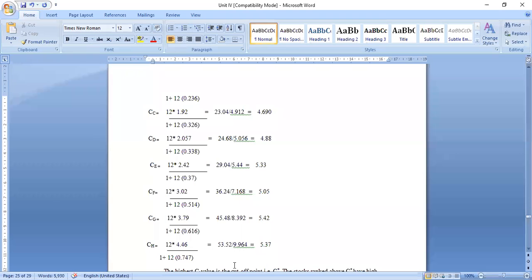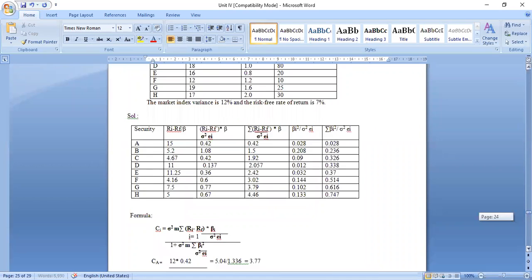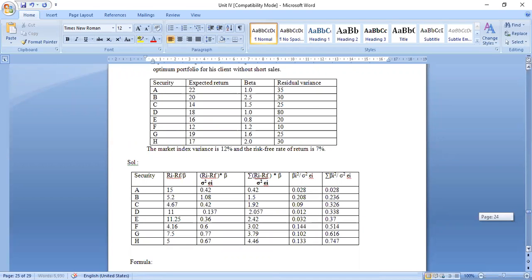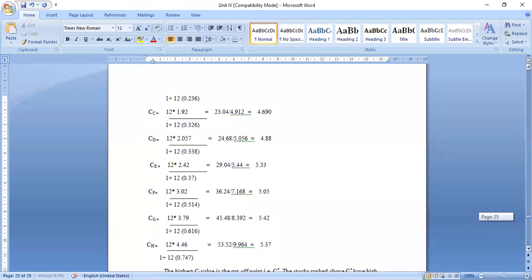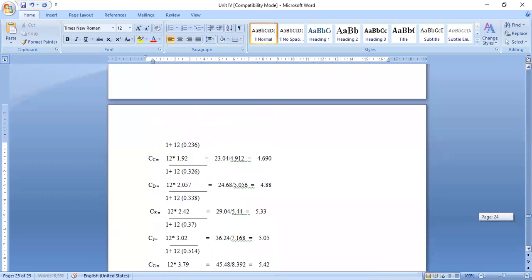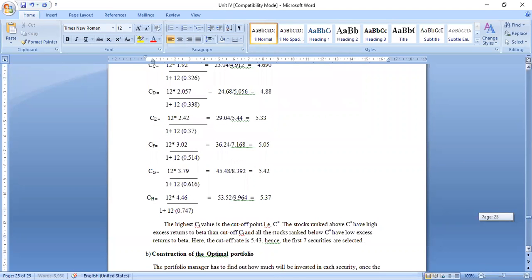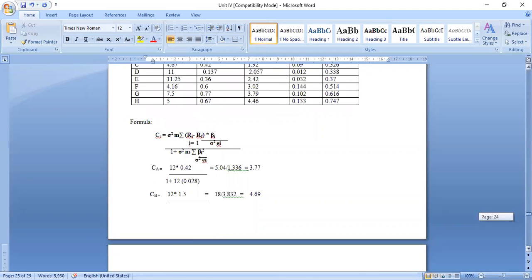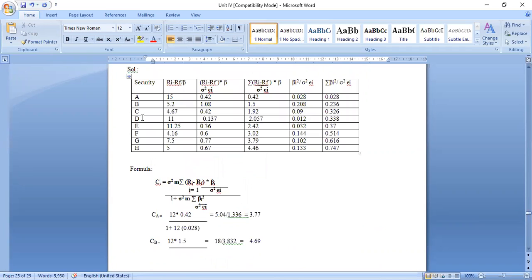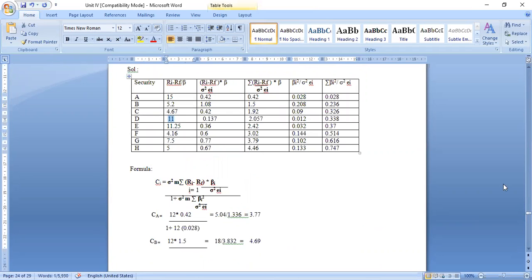And the last one, for security H, 12 into 4.46, and here it is 0.747. Okay, this is correct. So these were some of the changes, because in security D there was a change in the value over here. And that is why it has reflected for the subsequent securities.